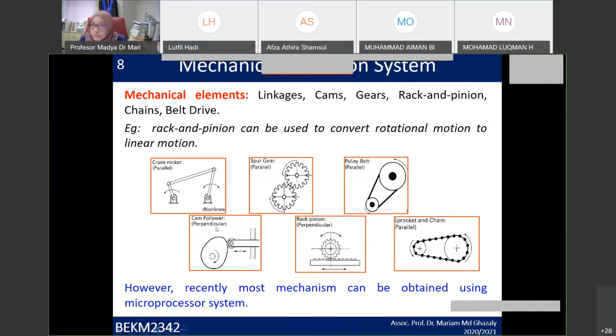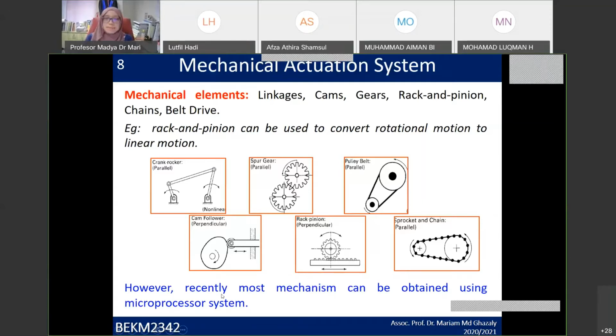Cam and follower. Okay, this I share with you in Telegram. An example of cam and follower. One example is in an engine. Later we are going to look into that example, and why I actually share lots of examples of engines in Telegram. V6 engine. If you see there, we have lots of engines. The common one is the 4-cylinder engine.